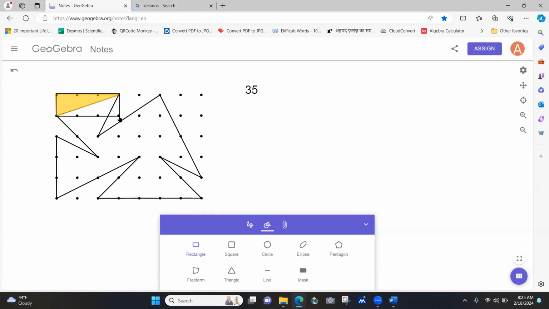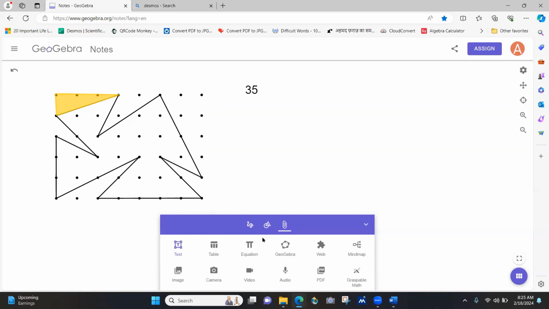The area of this little rectangle is 3 units because it takes 3 squares to cover it. 3 divided by 2 is 1.5. And we're going to write it down somewhere. 1.5.